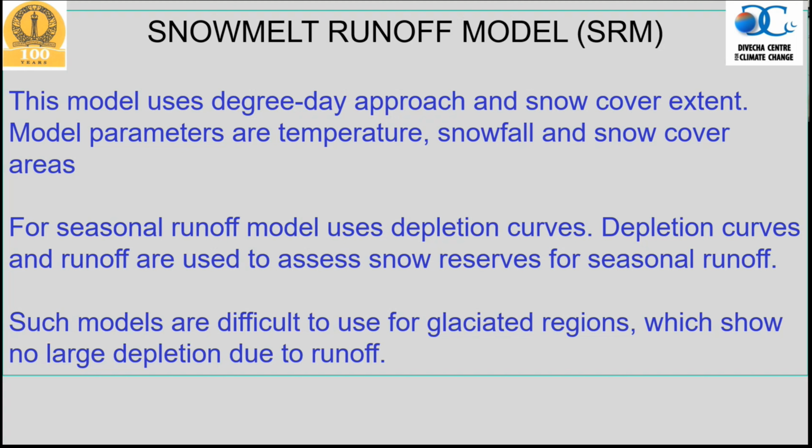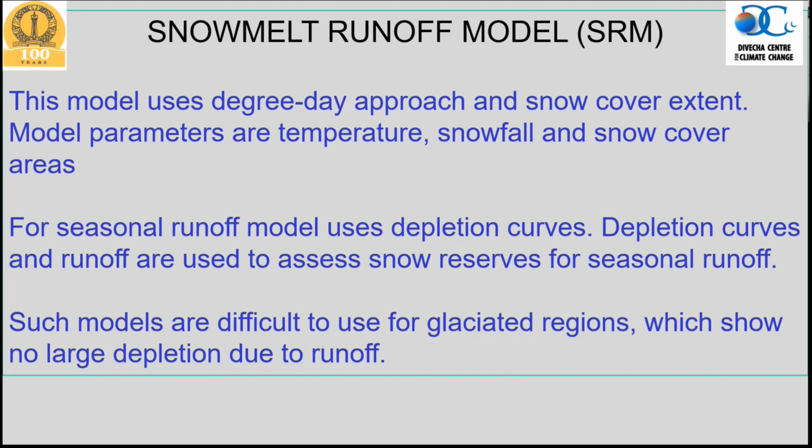Of course, all models are now modified. I am not saying they are not modified. They have been significantly modified very recently to accommodate some of those ideas, or wherever it is not modified, people are trying to include the dynamic nature of snow and glacier cover into the model. Those efforts are still going on in some models. Some models have used it.